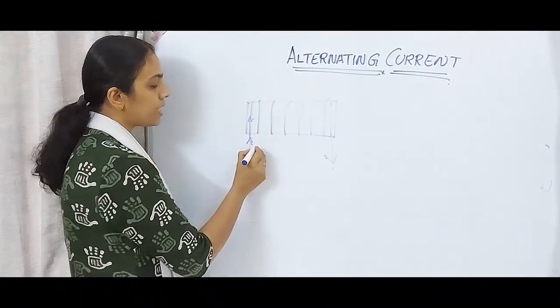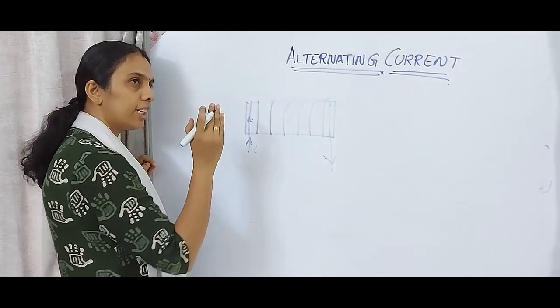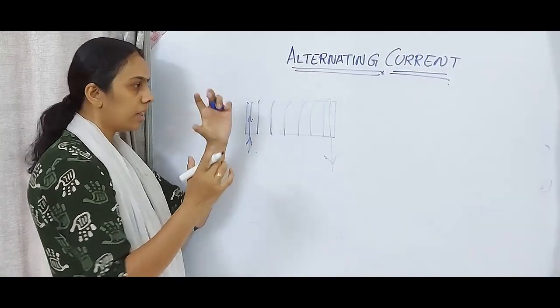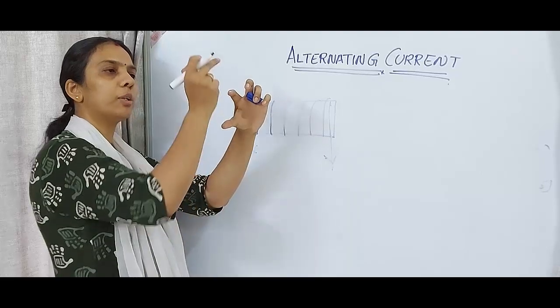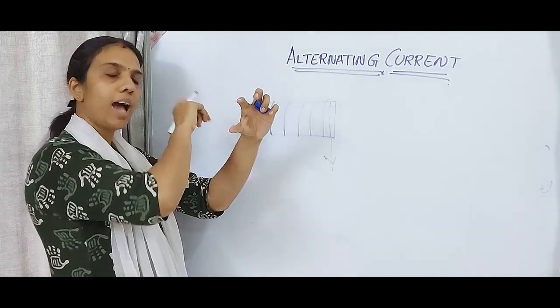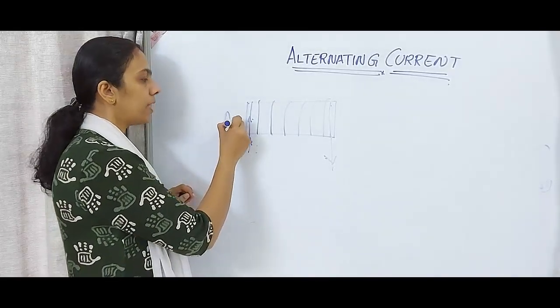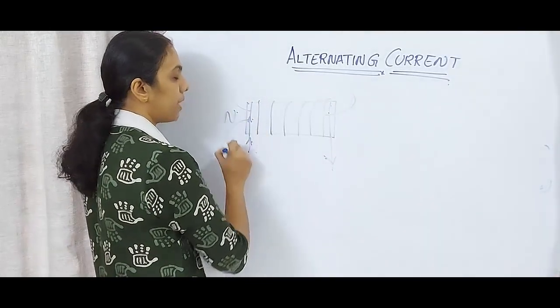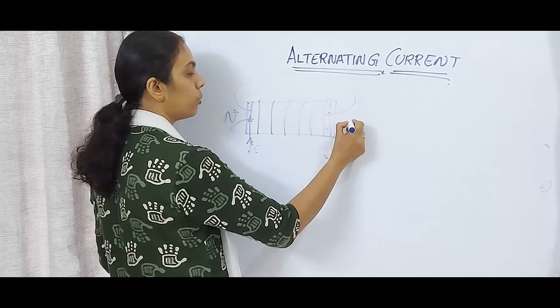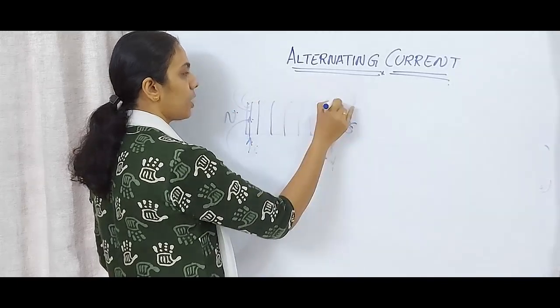Now, when current I is passing through it, looking at that circular loop, the current moves in the anti-clockwise direction. When it moves in the anti-clockwise direction, a magnetic field develops, and this side will be the north pole and this side will be the south pole.